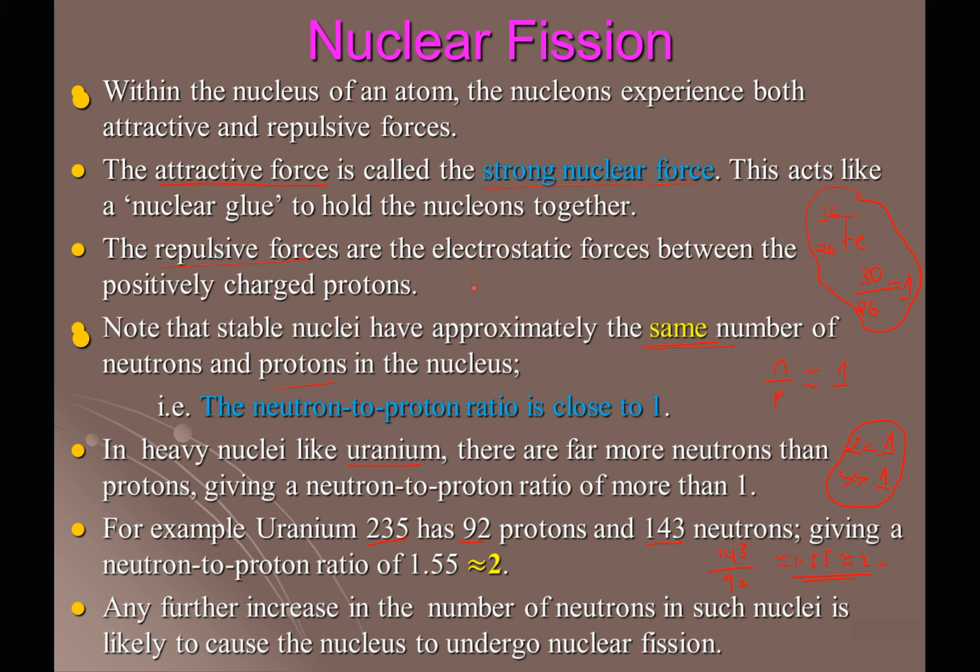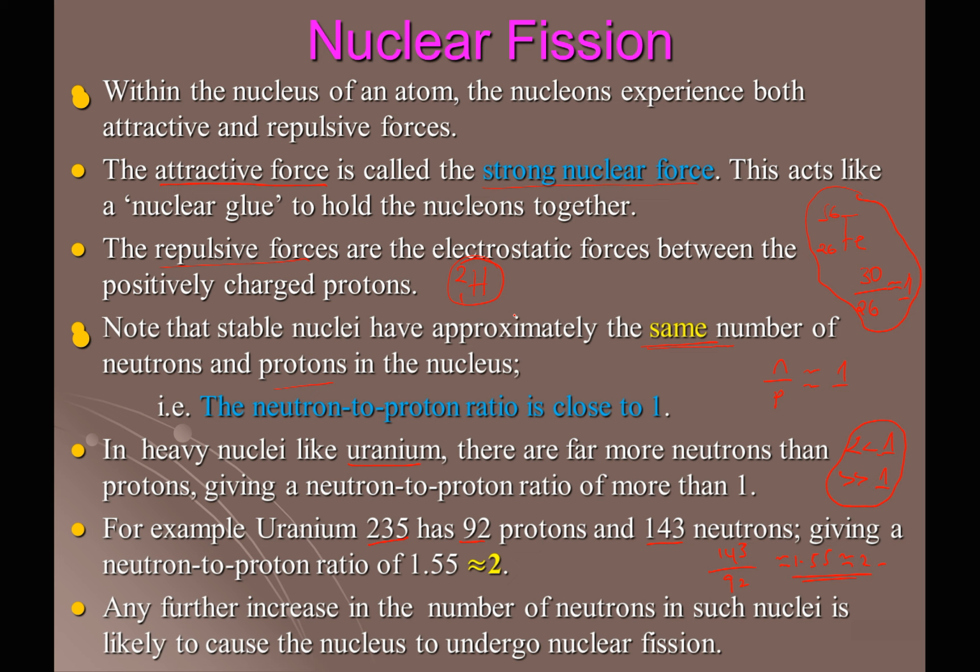Let me start with deuterium, H-2-1. Many people would want to think that deuterium is going to be very stable, but its binding energy per nucleon is extremely low. Therefore, it is very unstable.